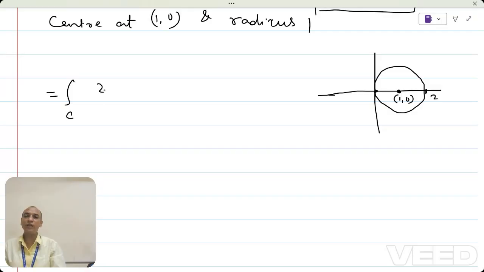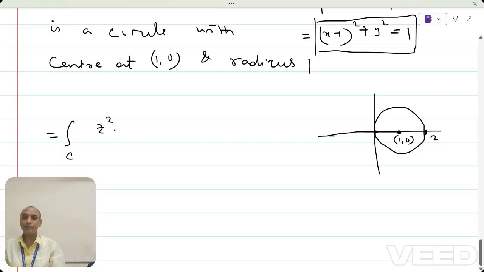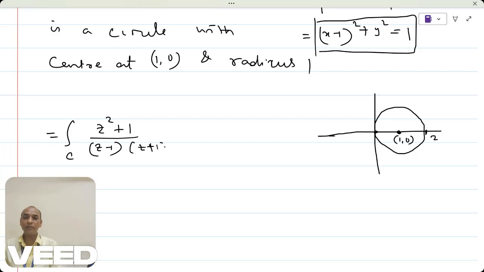Integration over C of (z square plus 1) over (z square minus 1) dz, where z square minus 1 can be written as (z minus 1)(z plus 1). We have to make linear factors so that we can apply the Cauchy integral formula. So now I will have two values of a, one is 1, the other is minus 1.